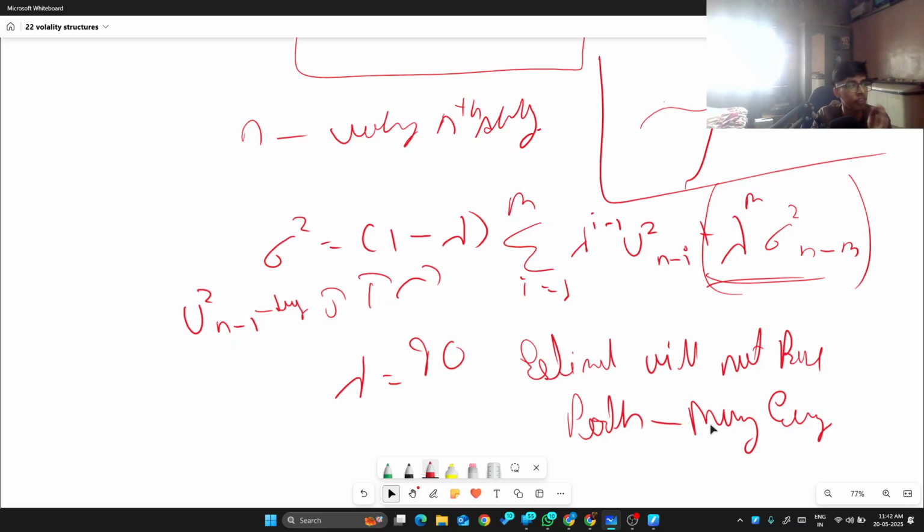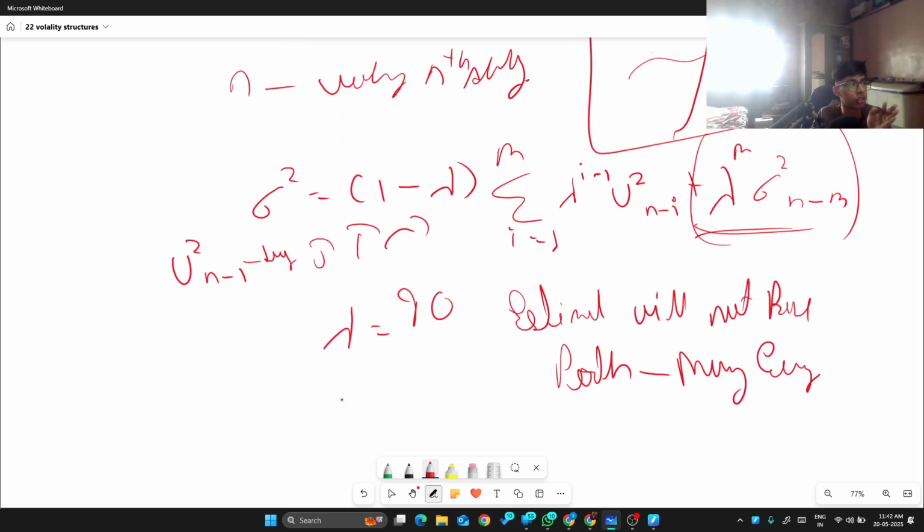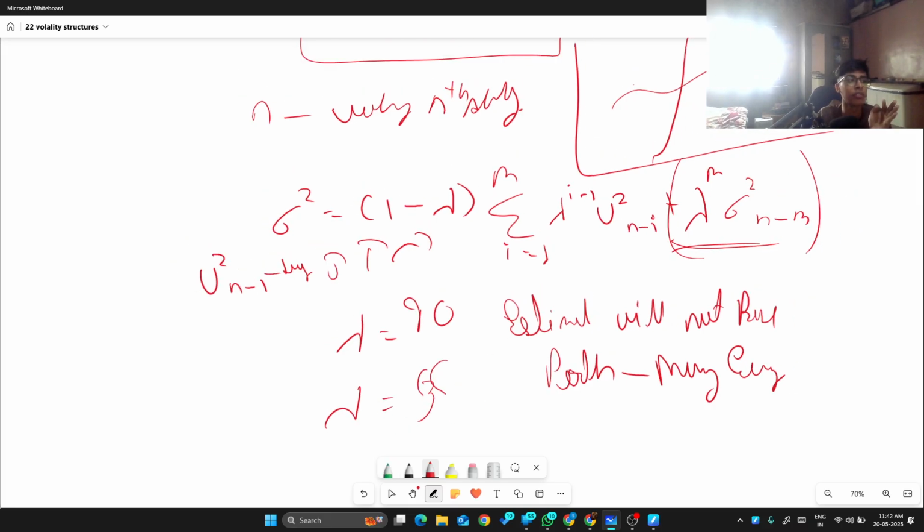So if lambda is too small, then it will follow the mean very much. So it will be more stochastic, and that would be more right. And if lambda is too big, then it will not follow the mean at all.